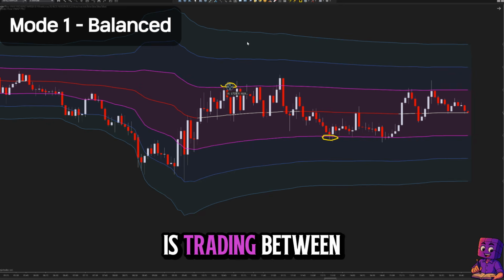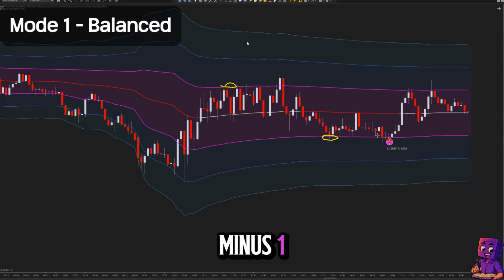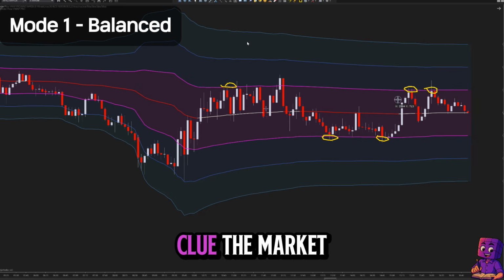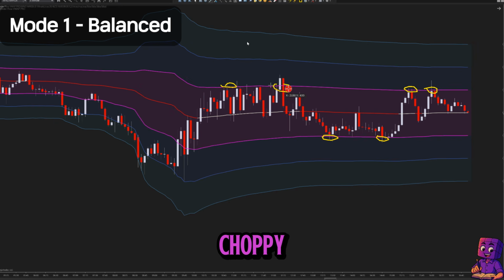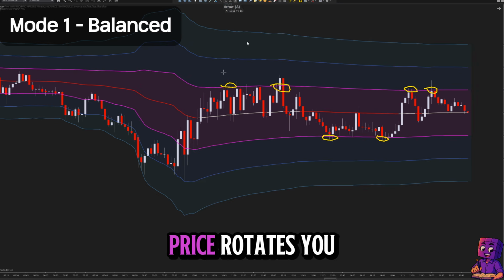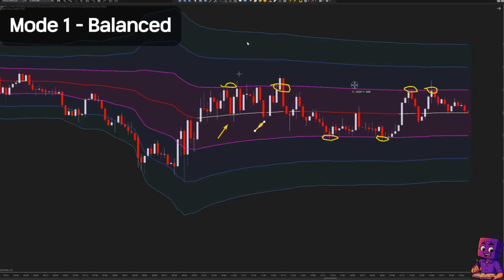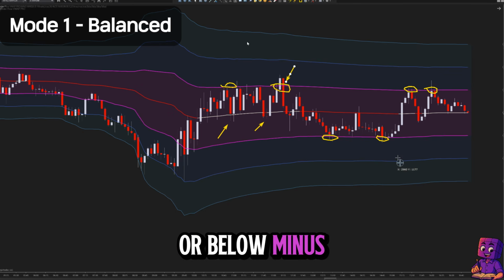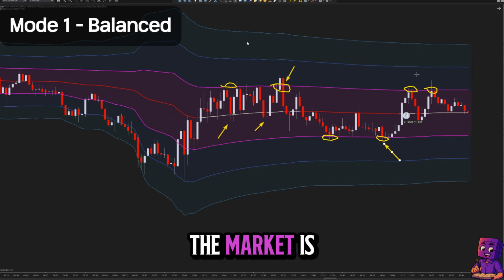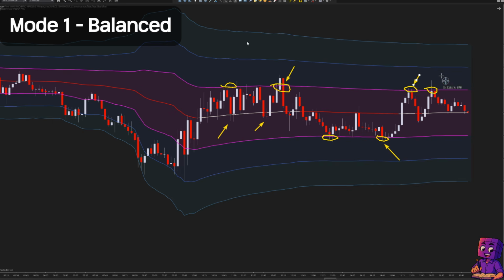If the price is trading between +1 and -1, and it keeps getting rejected at those bands, that's a strong clue the market is balanced and choppy. In this mode, VWAP is a magnet price, price rotates, you see many crosses, and mean reversion is common. So if the price can't accept above +1 or below -1, it often means the market is not ready for direction. It's just rotating around fair value.